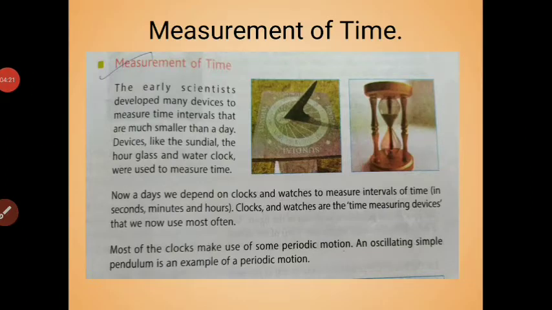So, my dear students, have you ever had a thought of how the clock shows the exact time period? So, now let us learn how the clock measures the time. Most clocks make use of some periodic motion. An oscillating simple pendulum is an example of periodic motion.